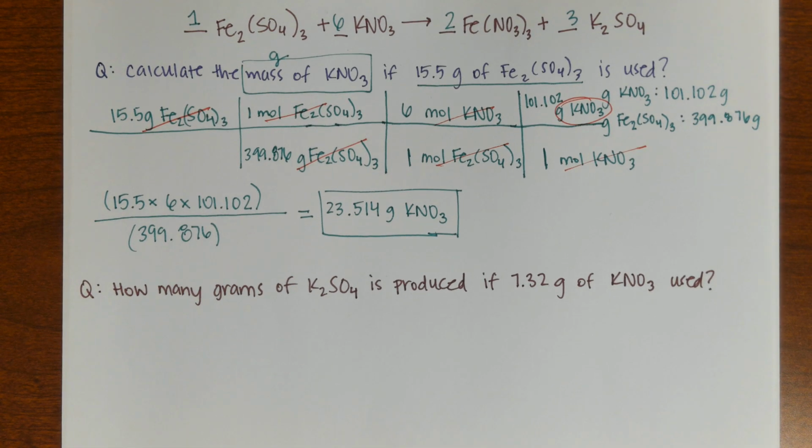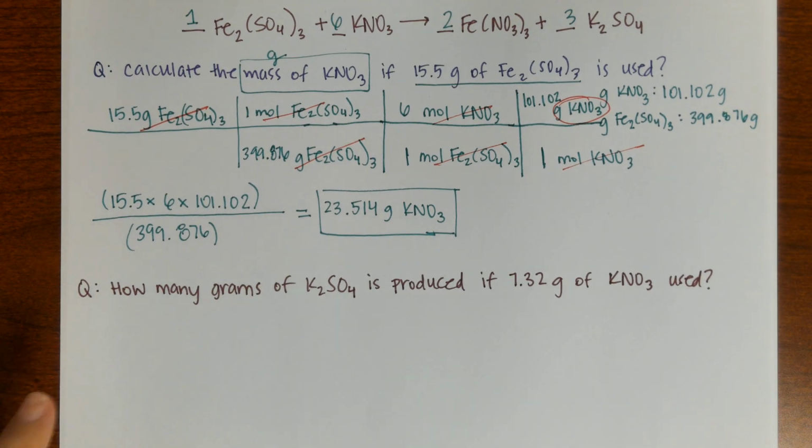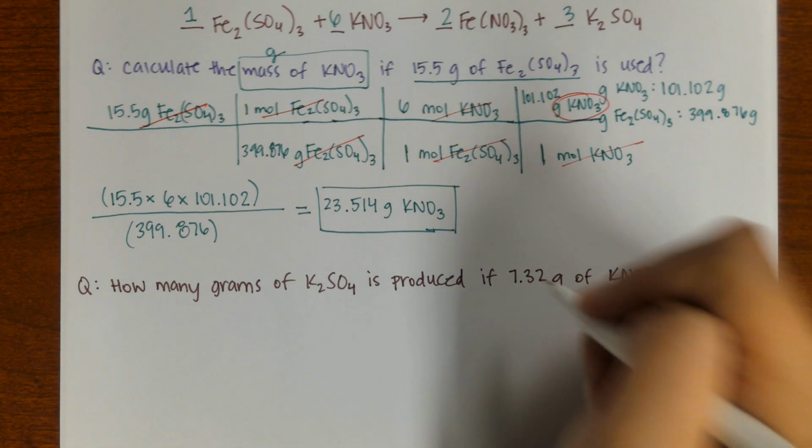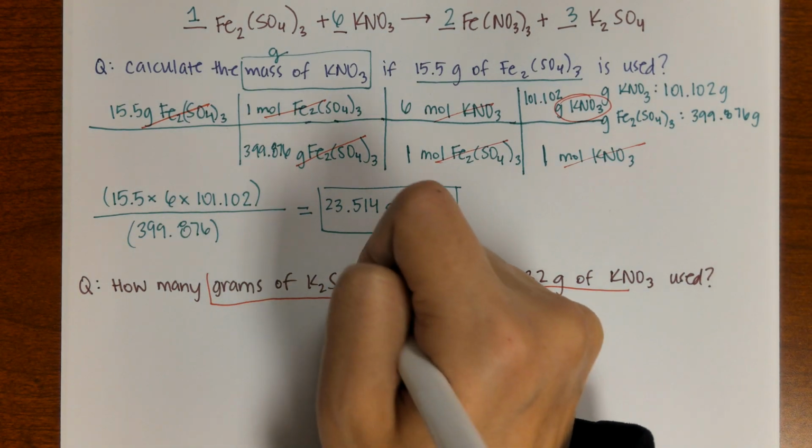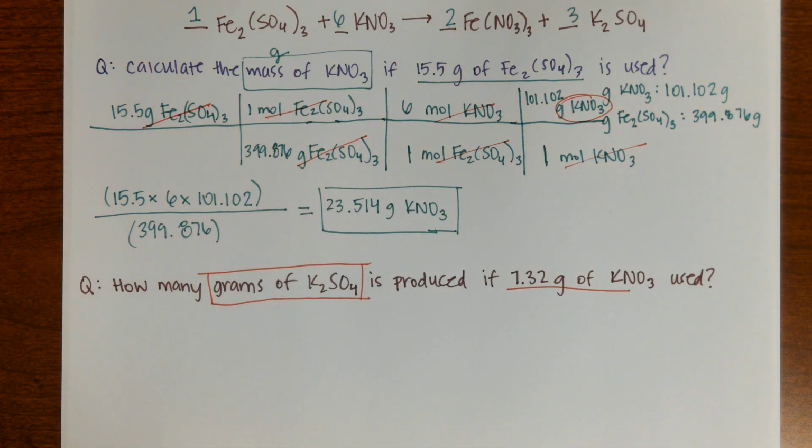Since we have grams here, I would find the molar masses first so they're ready to go for our train tracks. So pause the video, find the molar masses, then unpause, check your work, and then you will do the train tracks.